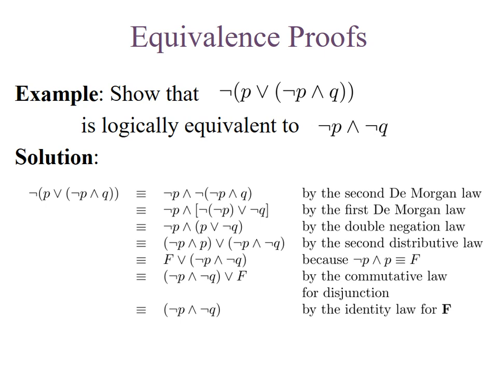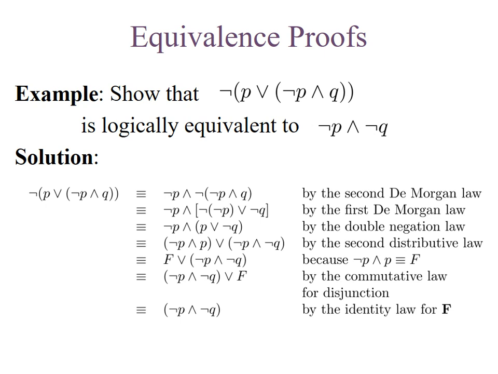Then we can apply the distributive laws because we have AND and OR here. So we have not P and P, or not P and not Q.